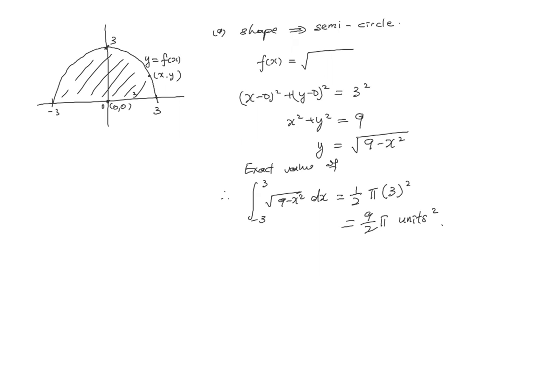So whenever you see something like that, you know it's a semicircle. I can also have another one which is like that, a semicircle. So that means for this one, the function will be y equal to negative square root of 9 minus x squared.